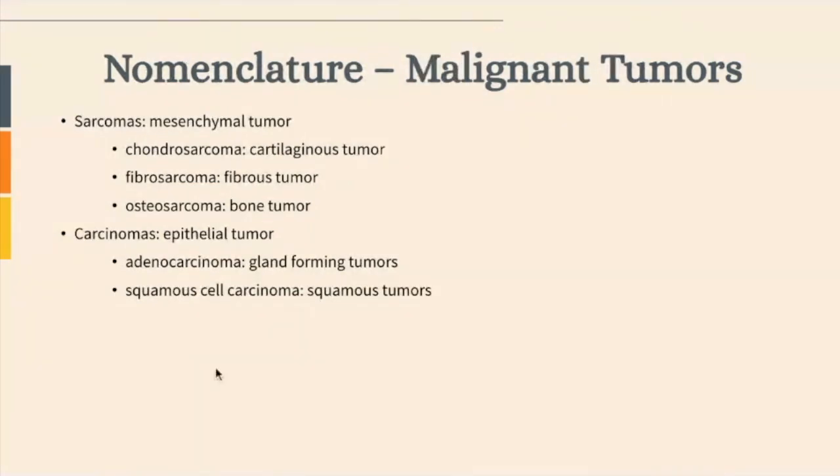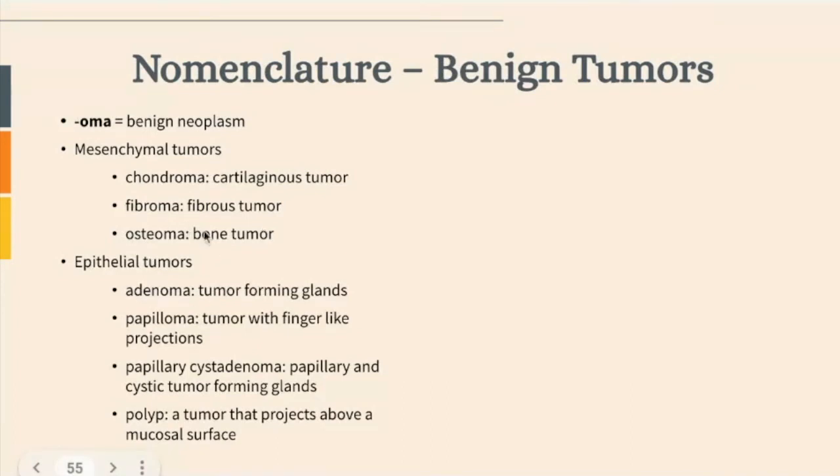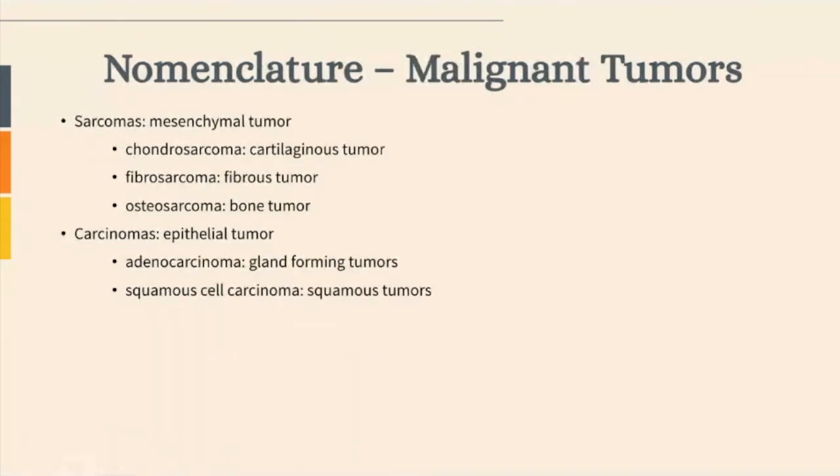And for malignant tumors, usually we find sarcomas derived from mesenchymal cells. We call them chondrosarcoma, fibrosarcoma, or osteosarcoma. Osteosarcoma is actually derived from osteoma. So it is benign initially, but it is uncontrolled so that it becomes malignant, becomes osteosarcoma. And carcinomas are derived from the epithelium, which are adenocarcinoma and squamous cell carcinoma.